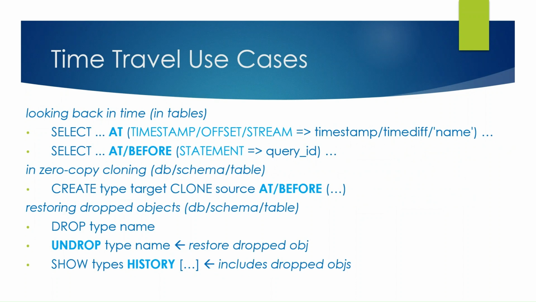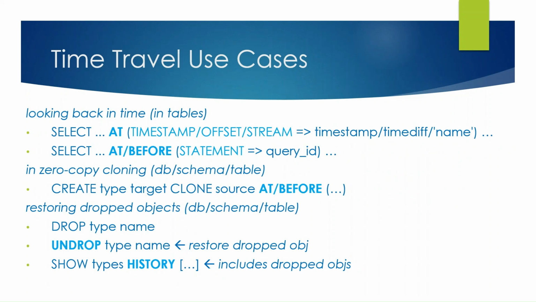Let's say you have a statement, and that statement was an update statement, and this changed the table. Of course, there is a difference if you use at or before. Before, we look at the data that you had before the update statement. At, it will look at the data as changed by that statement. You can use at or before with create clone, in zero copy cloning, which we'll see next, with a database, schema or table.